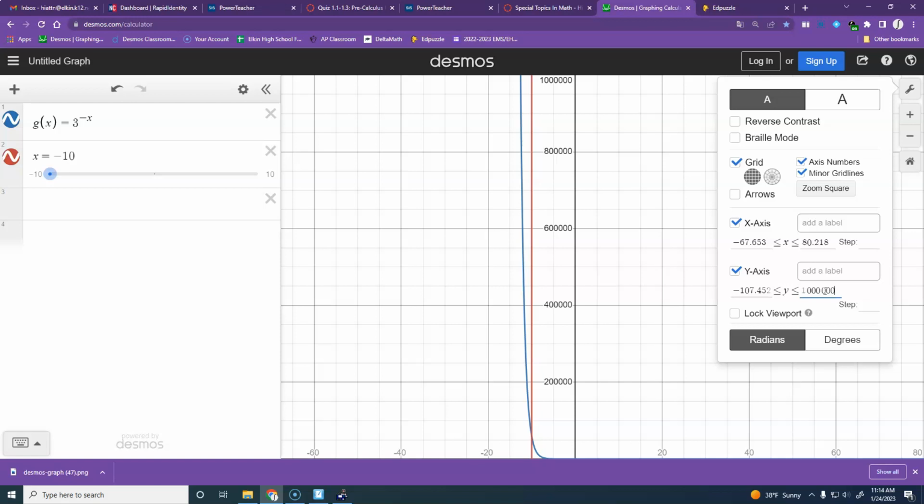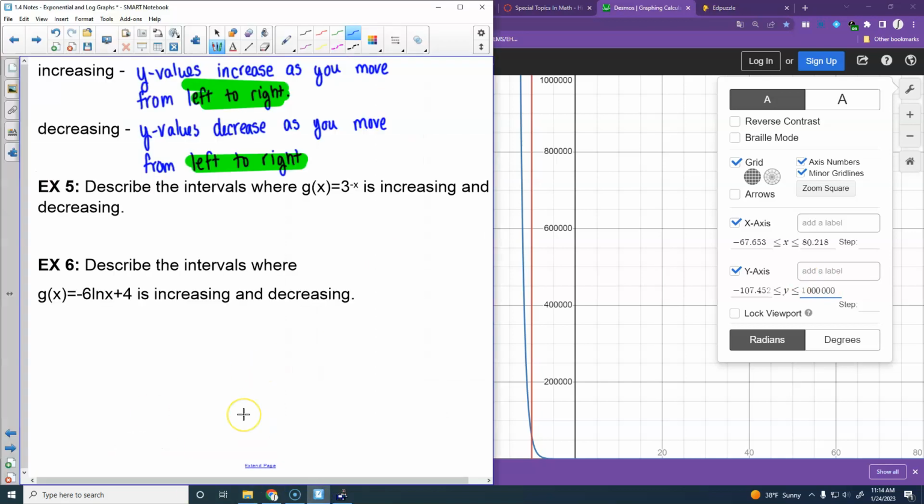If you can zoom out enough for it to eventually hit that line, then it's not a vertical asymptote. Or the best thing, just remember, exponentials, domain is always all real numbers. So this would be decreasing for negative infinity to infinity, or all real numbers, and it would be increasing never.